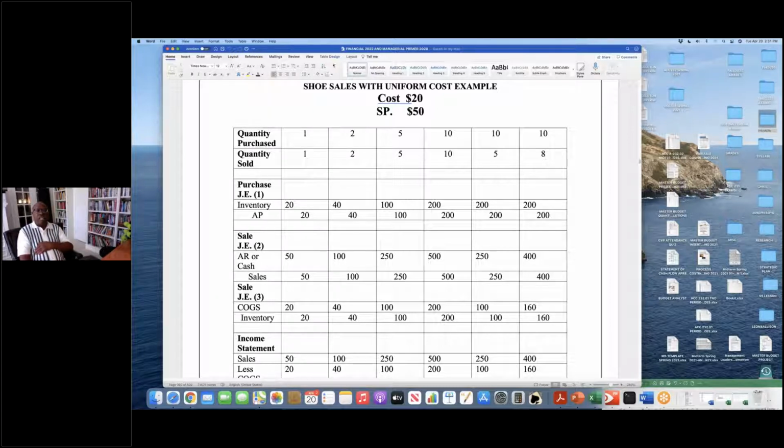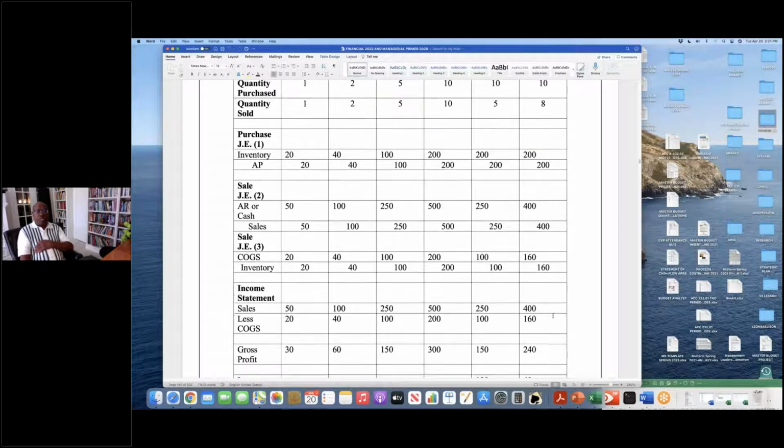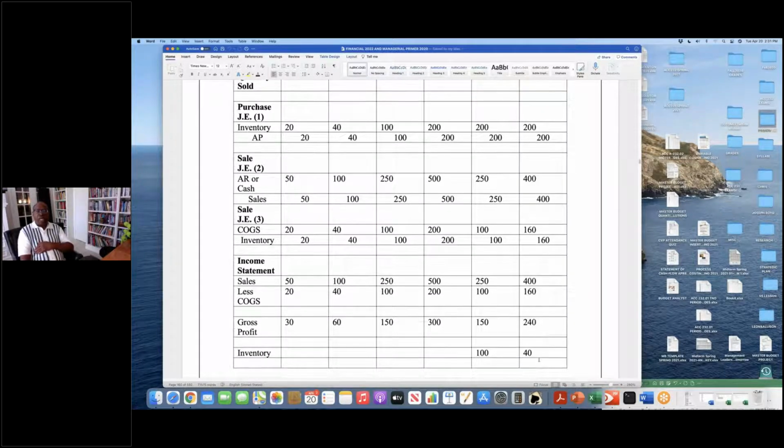When we sold 8 at 50, we debit cash and credit sales for 400. But then we also debit cost of goods sold, 8 times 20, 160, and credit inventory. So on the 8 that we sold, sales 400, cost 160, there's a gross profit of 240, and we still have in inventory 2 items at 20.